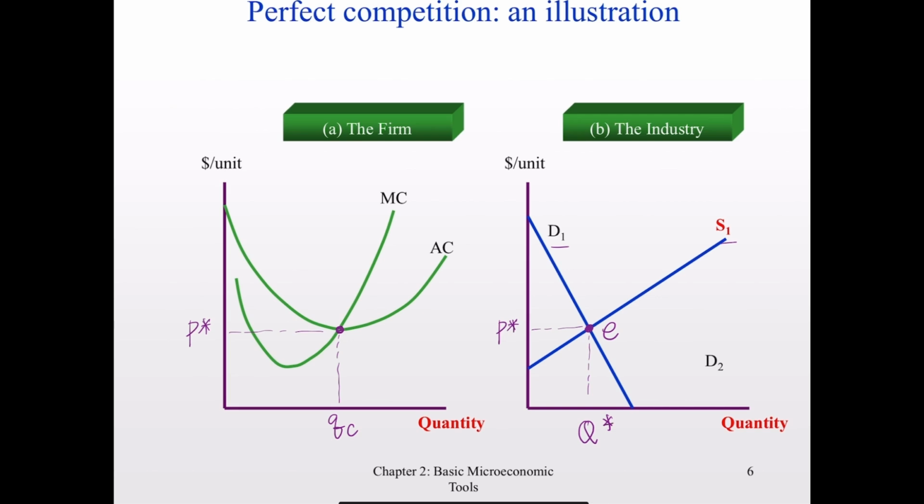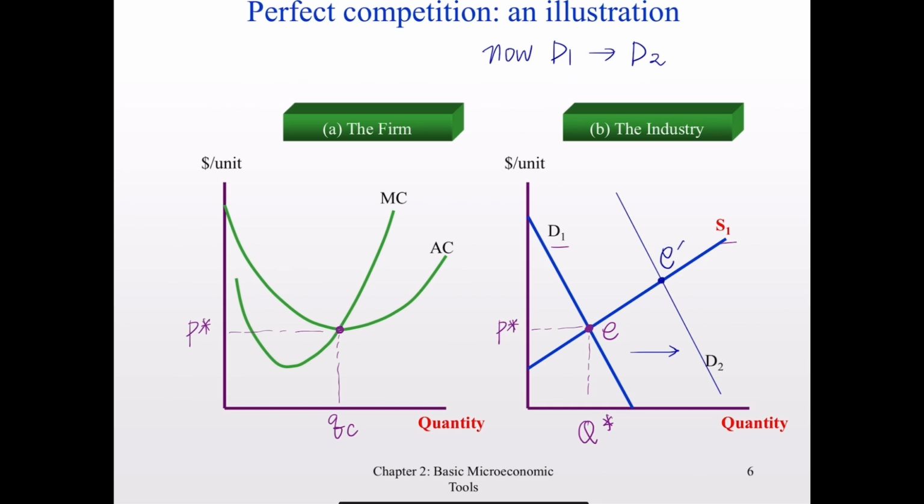Next, let's consider what happens when demand increases. Here, D2. The demand curve D1 shifts to the right. This increase in demand creates a new equilibrium in the market.